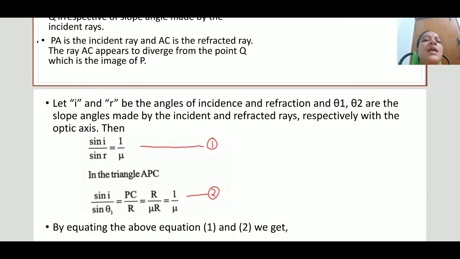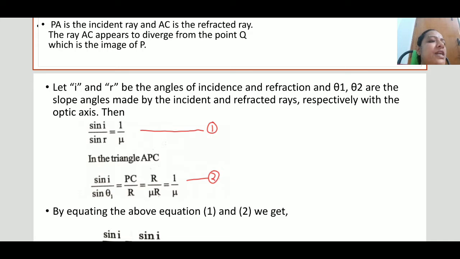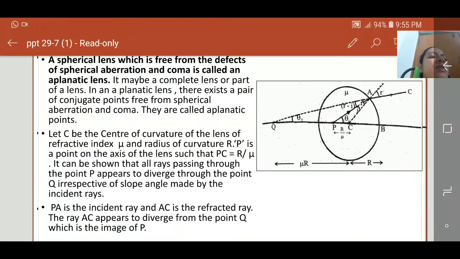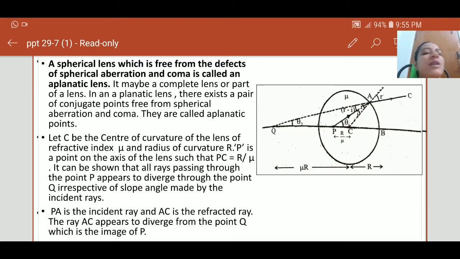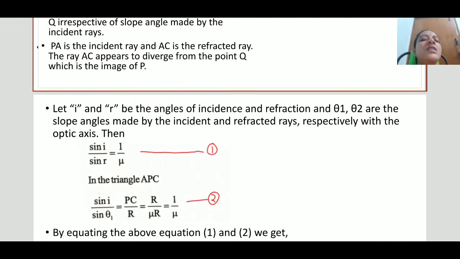For that purpose, let us find out the image distance. We have to assume the incident angle. Let I and R be the angles of incidence and refraction, and theta 1 and theta 2 are the slope angles made by the incident and refracted rays.